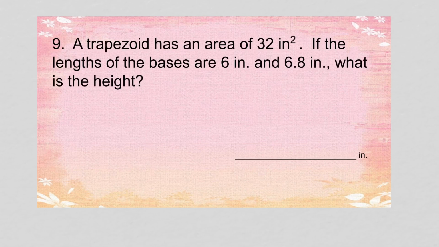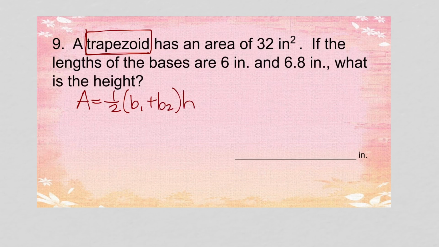Okay, a trapezoid has an area of 32 inches squared. If the lengths of the bases are 6 inches and 6.8 inches, what is the height? Okay, can you please box this word? What does it say? What's my formula for trapezoid? Area equals 1/2 base 1 plus base 2 times h.